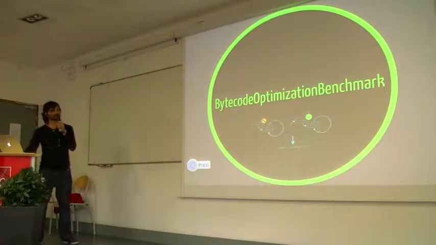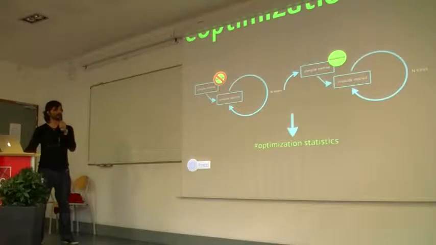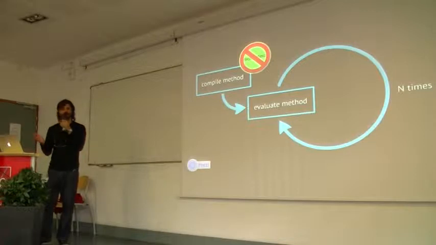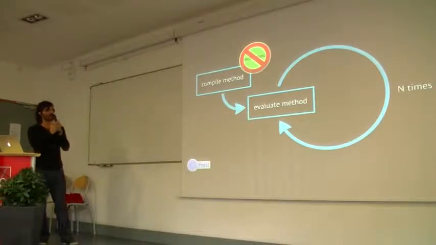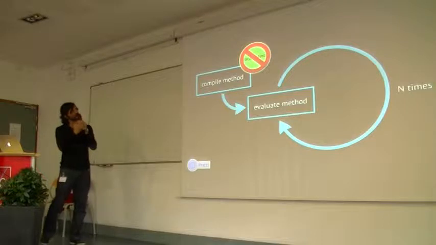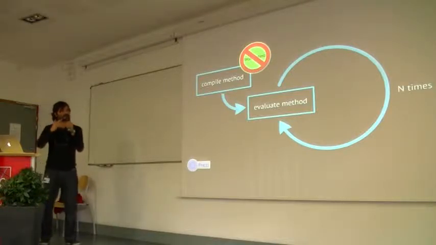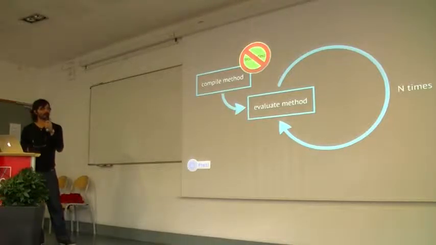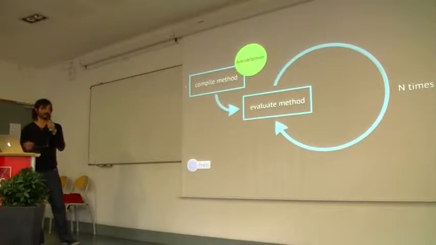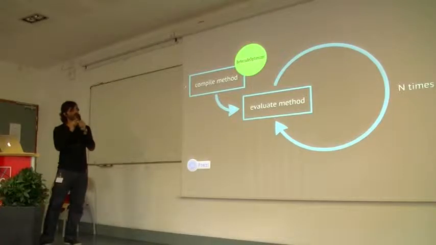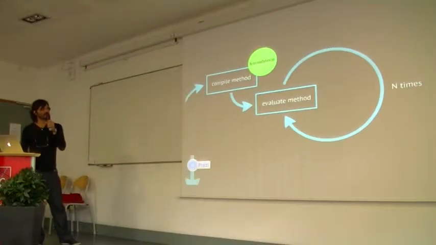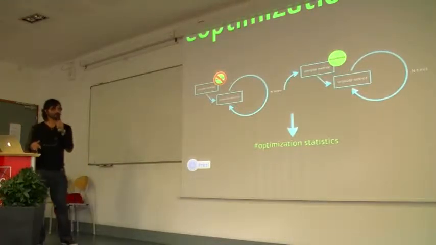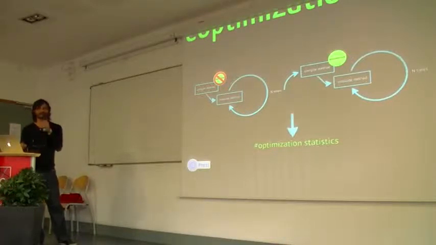And then we have a bytecode optimization benchmark for benchmarking purposes. This guy basically compiles one given method without the optimizer enabled, and then evaluates the method several times, and then it does the same, but with the optimizer enabled. So it provides, after this process, some statistics.